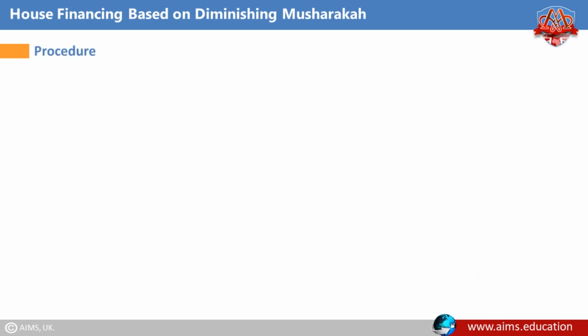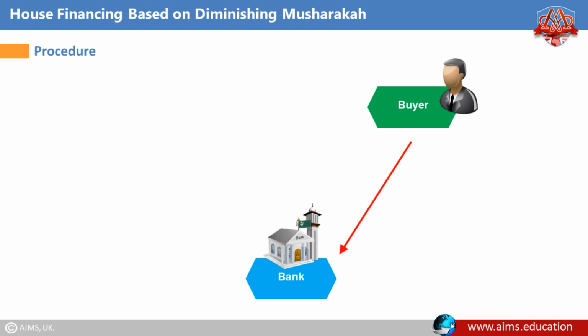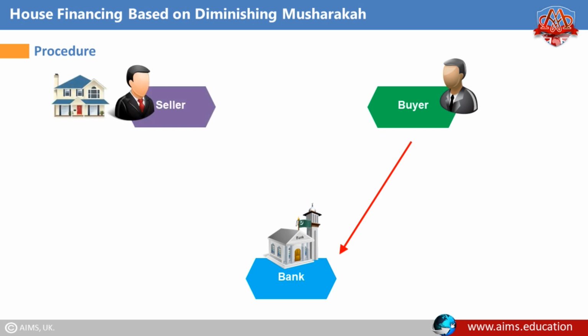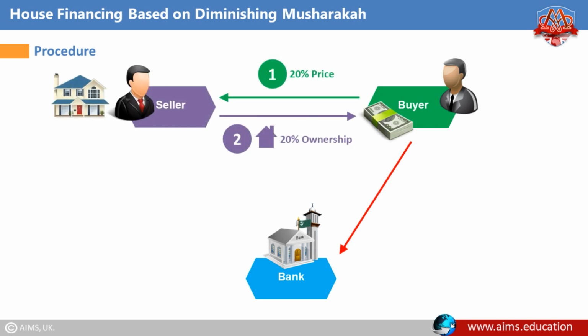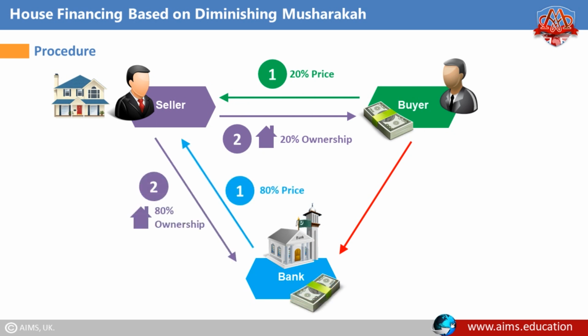Procedure may be understood from the below example. The buyer approaches an Islamic bank who agrees to participate with him to purchase a house. 20% of the price is paid by the client and 80% by the bank. After purchasing the property jointly, the client uses the house for residence and pays rent to the bank on its share in the property.